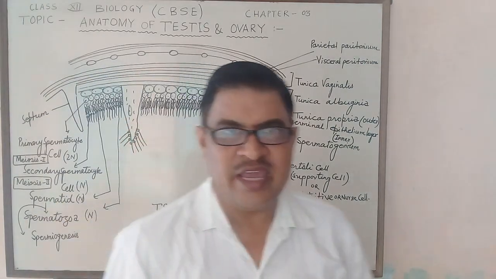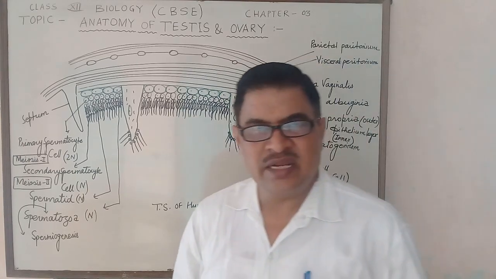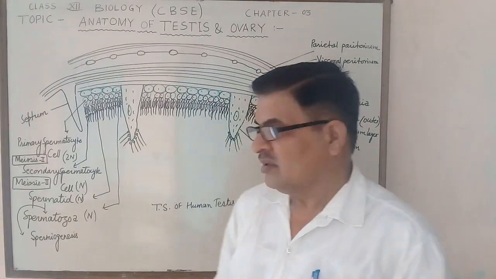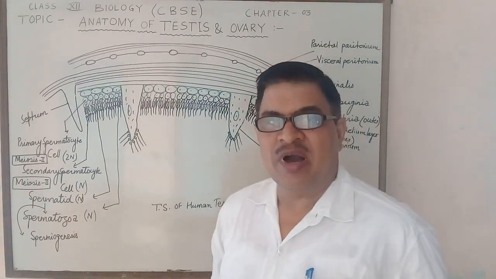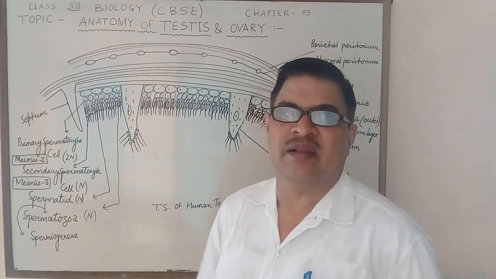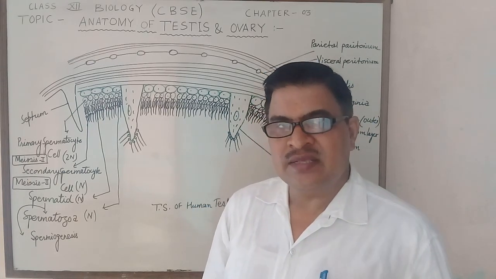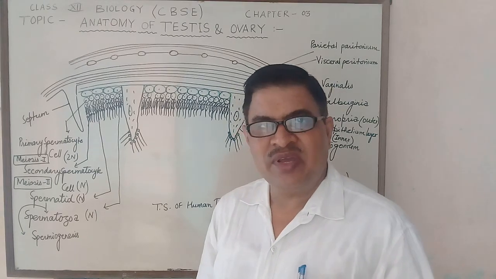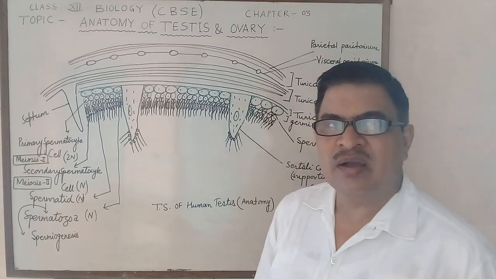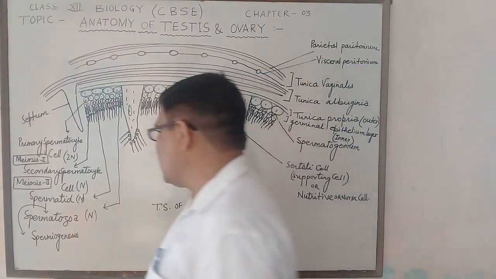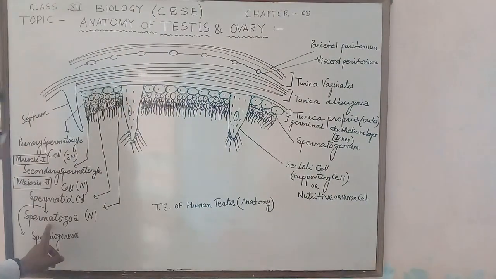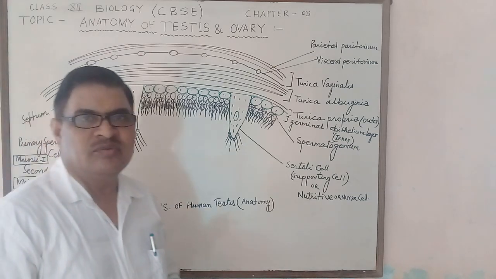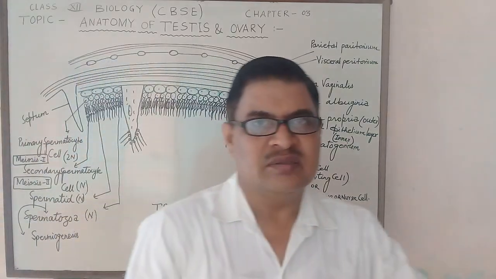Spermatozoa is a haploid cell and generally has a small tail. That tail part generally contains a flagellum, and by the help of the flagellum, spermatozoa can move. So this is the motile or active cell for movement.